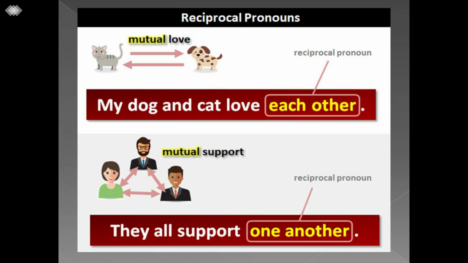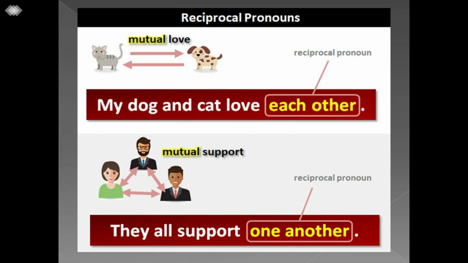Let's try to understand reciprocal pronouns by using each other and one another in two different sentences. First sentence, my dog and cat love each other. So each other is your reciprocal pronoun. There they are having a mutual love between a dog and a cat.